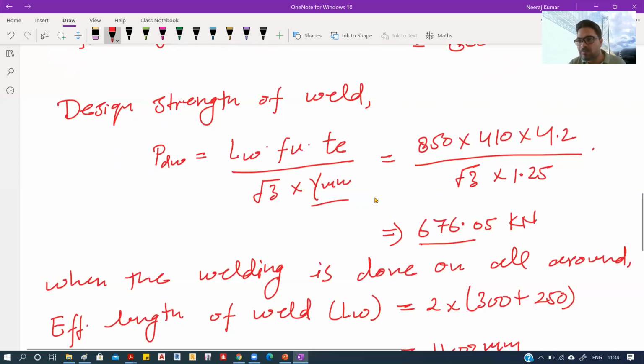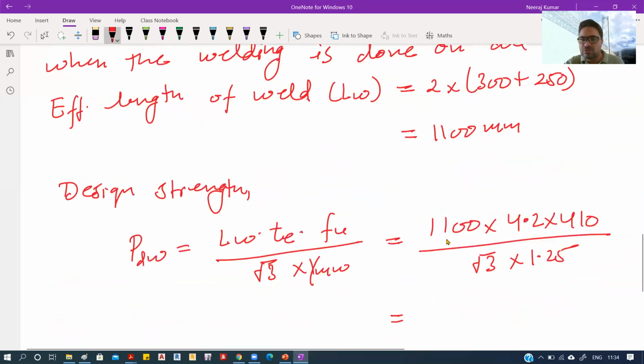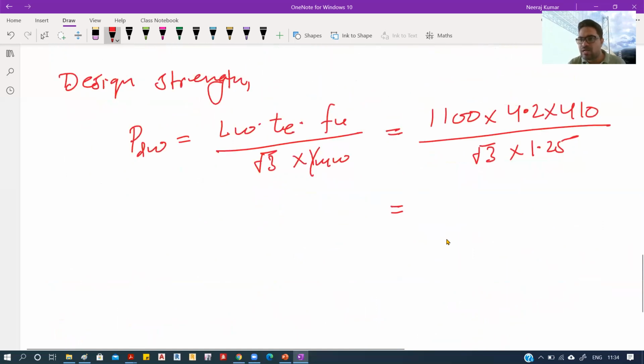I forgot to multiply this with 10 raised to power minus 3. Then only we will get the strength in kilonewton. So I am multiplying this with 10 raised to power minus 3, and the value is 874.89 kilonewton.